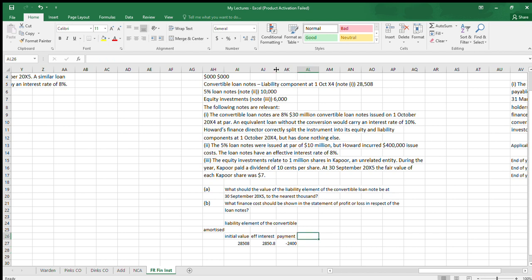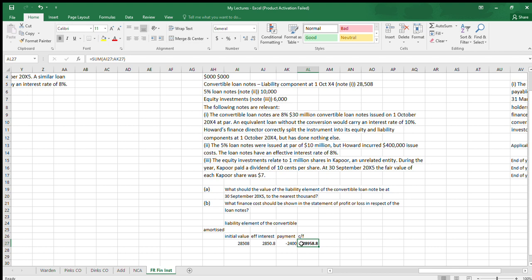So your carry forward is this: the initial value plus the effective interest rate minus your payment. So this is your liability component.